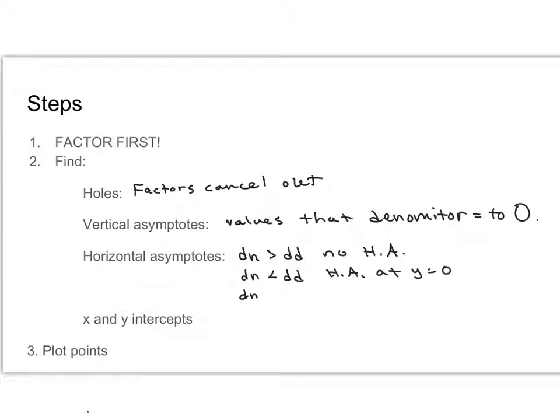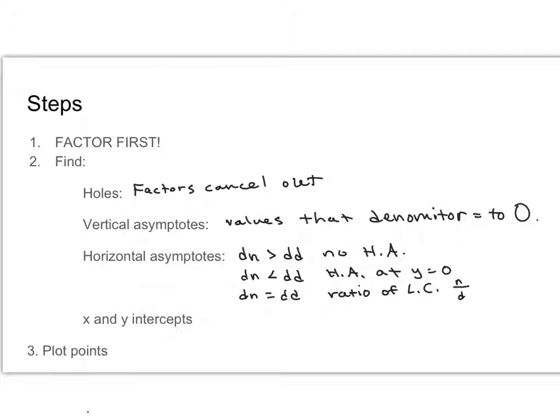And if the degree of your numerator equals the degree of your denominator, it's the ratio of your leading coefficients in your numerator over your denominator.